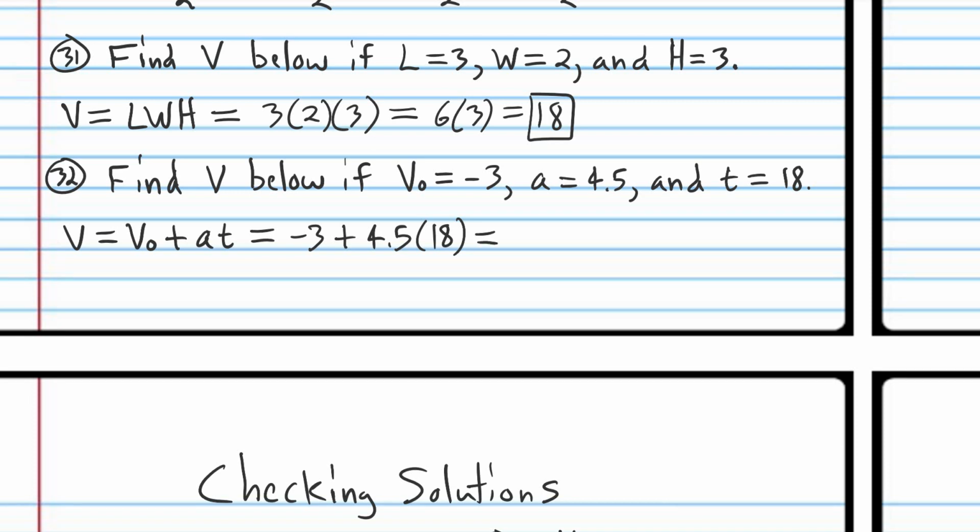So now we can get the calculator. 4.5 times 18 is equal to 81. And -3 plus 81 is 78. So if you got 78, good job.